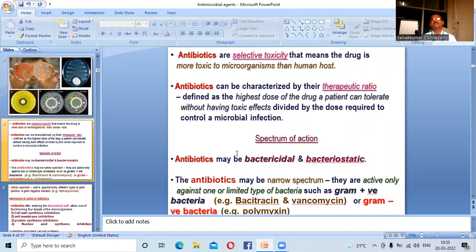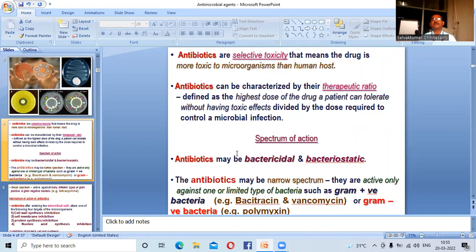The next classification of antibiotics is by spectrum of action. Some antibiotics we call narrow spectrum antibiotics. This group is active against one particular group of bacteria.